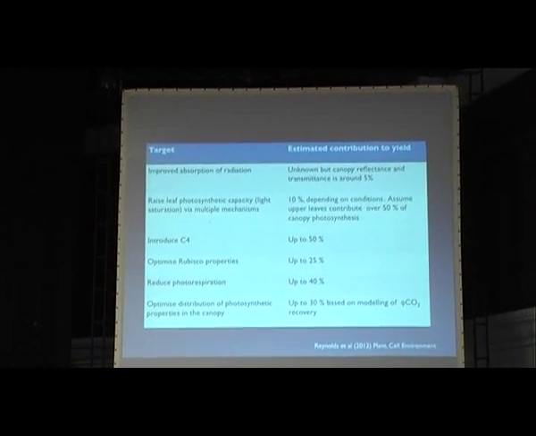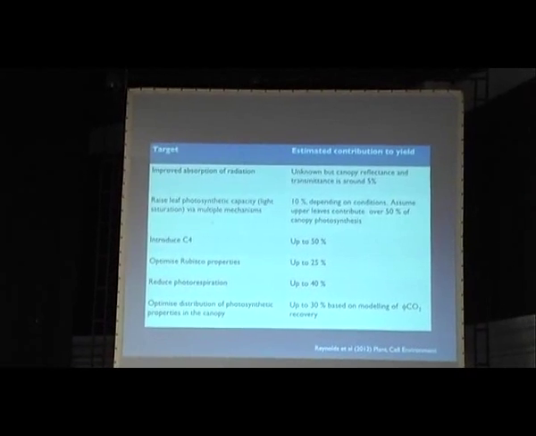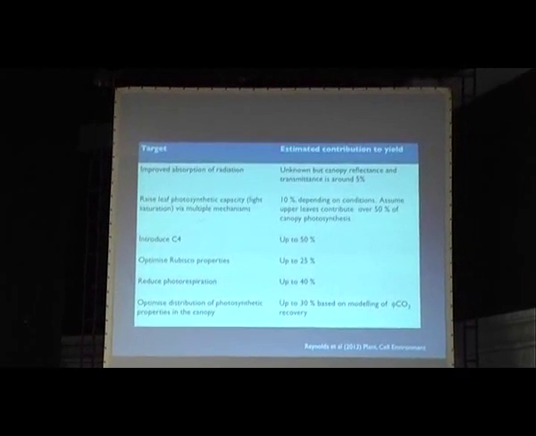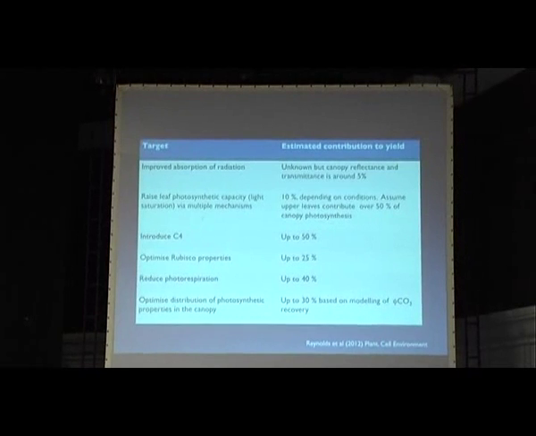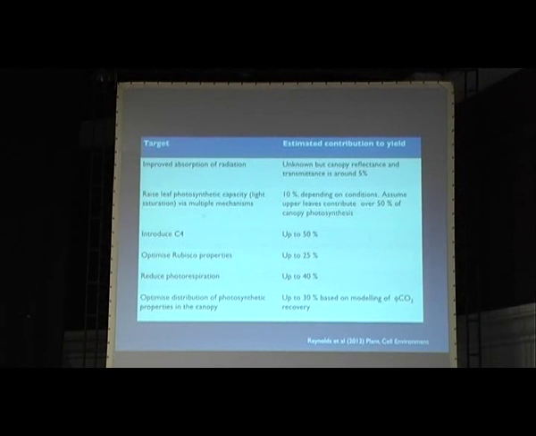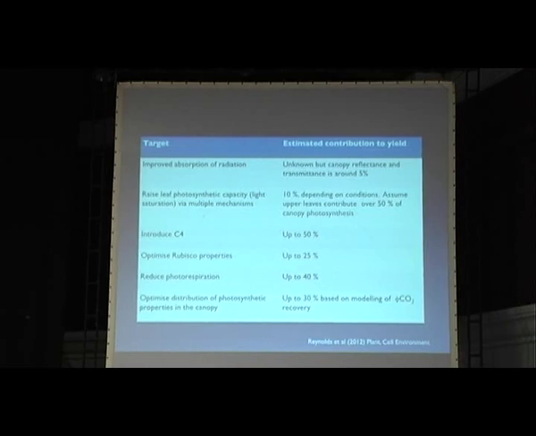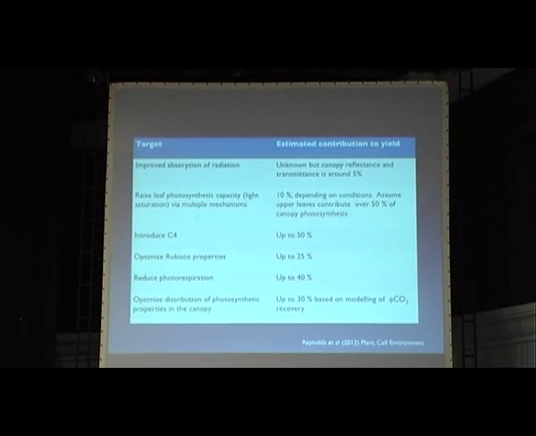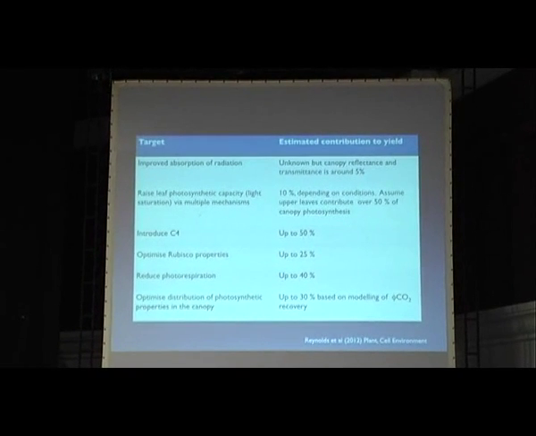So what I've done on this slide here is to list other aspects of photosynthesis that really could be improved. And this is from a review by Matthew Reynolds, but it applies to rice as well. We can see, for example, that we can improve the absorption of radiation by canopies, but we expect maybe only a few percent, as was mentioned by Jingguang Zhu yesterday.